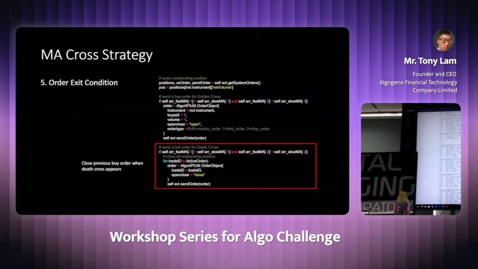So let's say we want to open a limit order. Then you can set the order type to the one, and then we also need to specify your limit price. Usually, if you want to open a limit order, the limit price should be lower than the current market price.